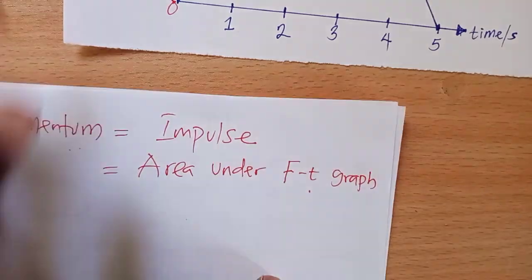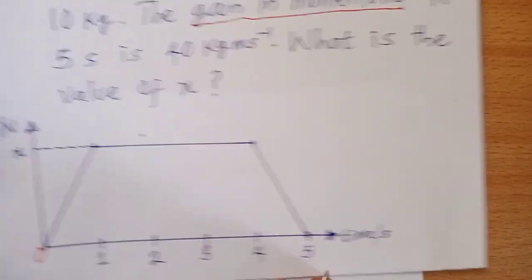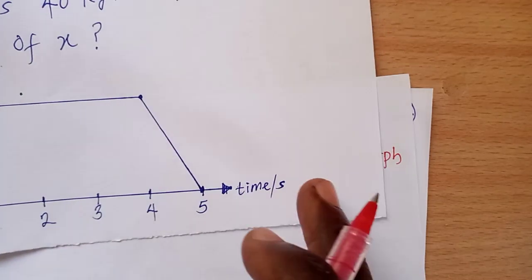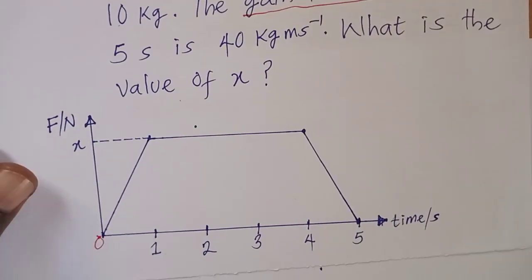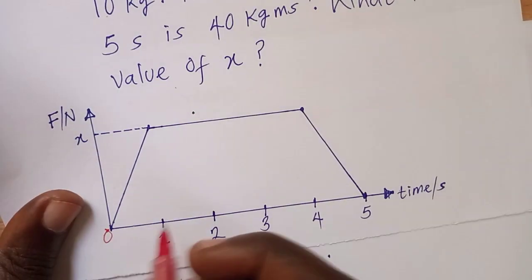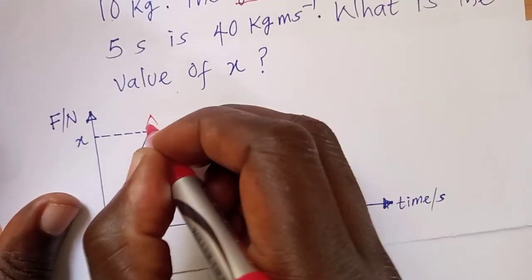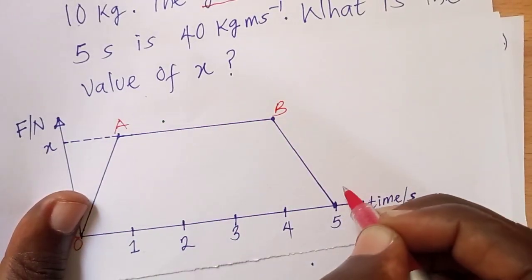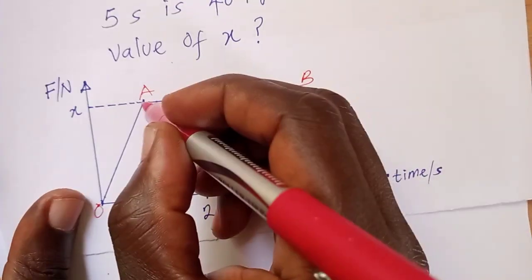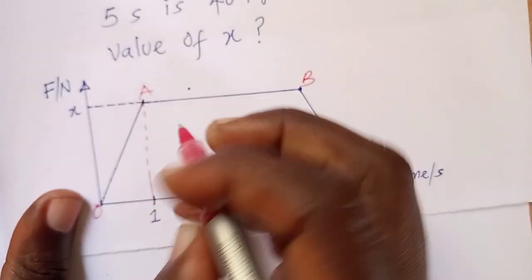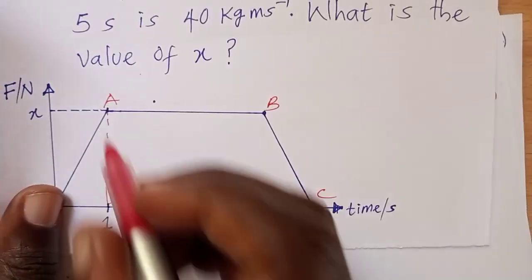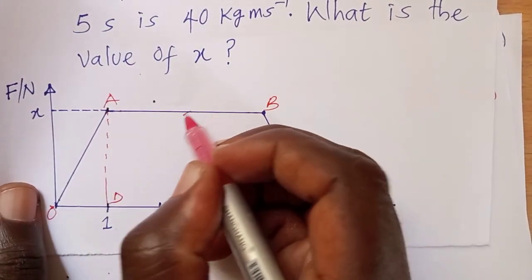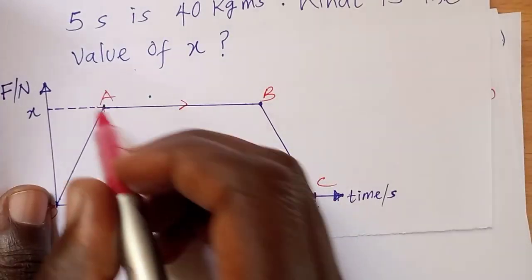And we are given the force time graph. You see that? This is our force here, time here. This is the force time graph. How do we get the area under this graph? Very important. Let's call this O, A, B, C. Then I need this height, let's call this D. I need the length from here to here.